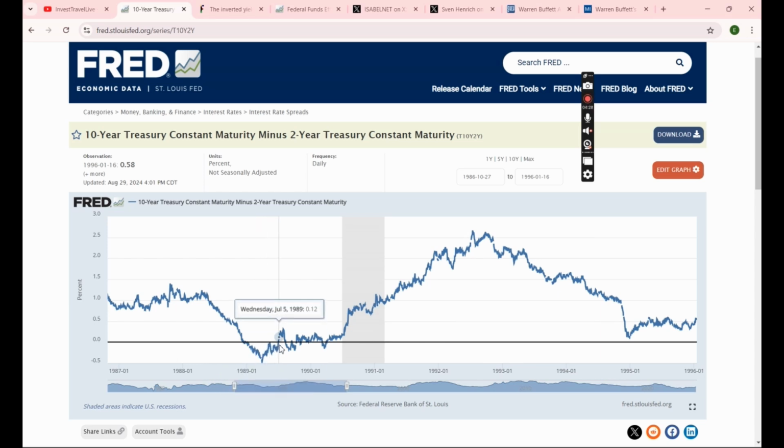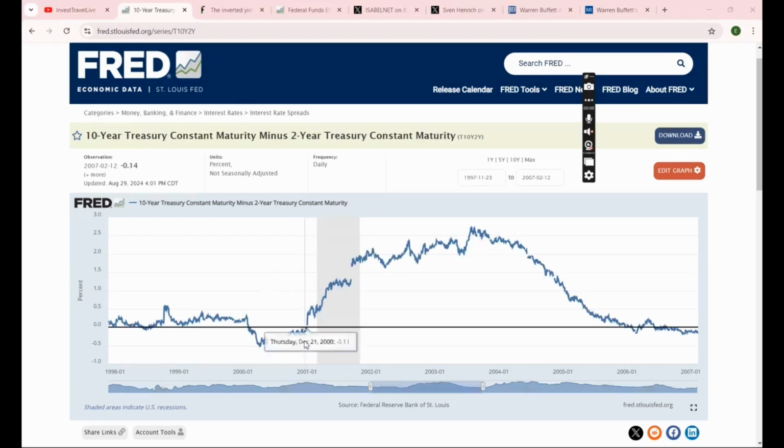Here we had a little fake out for the uninversion, and then it became inverted again, then uninverted. So basically a bit of sideways movement there, and then eventually it did result in the financial crash. Yeah, we had the uninversion in December 2000, and then a few months later we had the dot-com bubble.